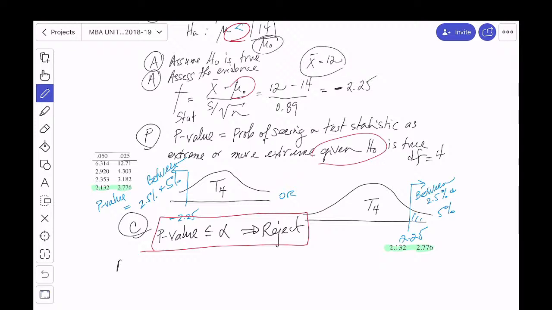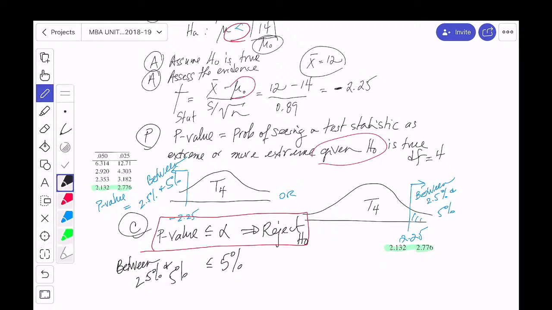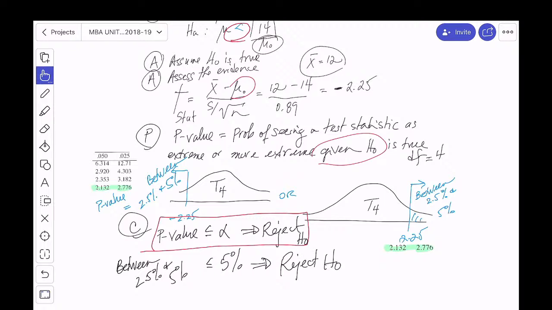So my answer is between 2.5% and 5%, which is smaller than 5%. So it means that the result was strange according to the threshold of 5%, making it suspicious that the null is true. We have found evidence to suggest the null is not true. So we reject the null. So in this case, the test is significant.